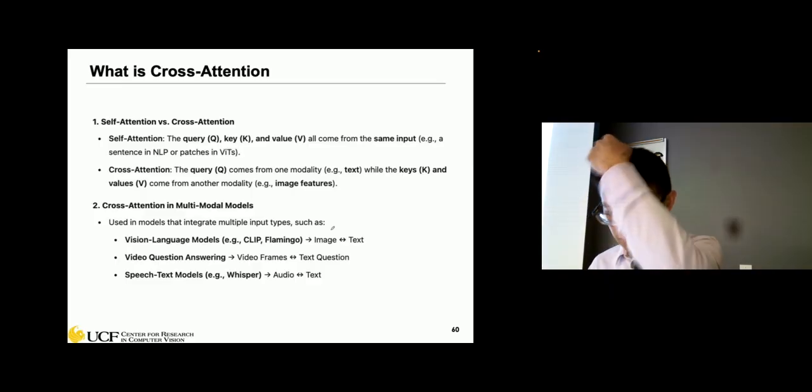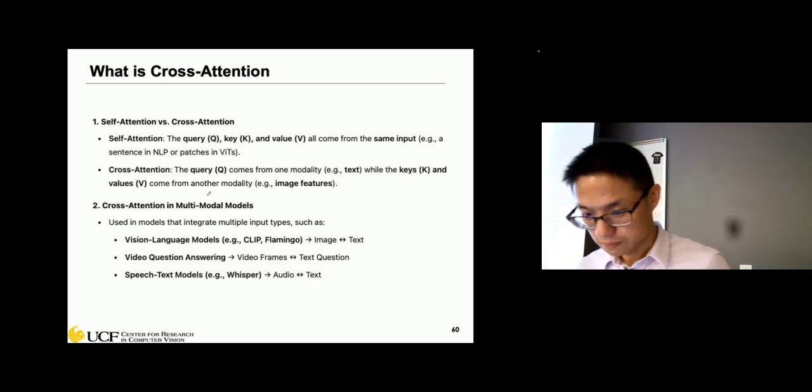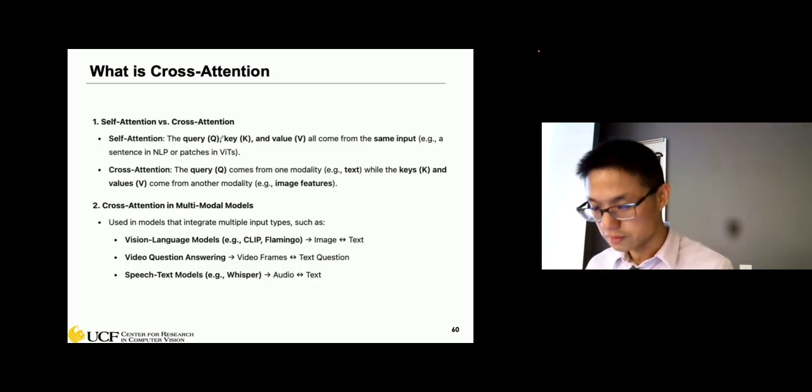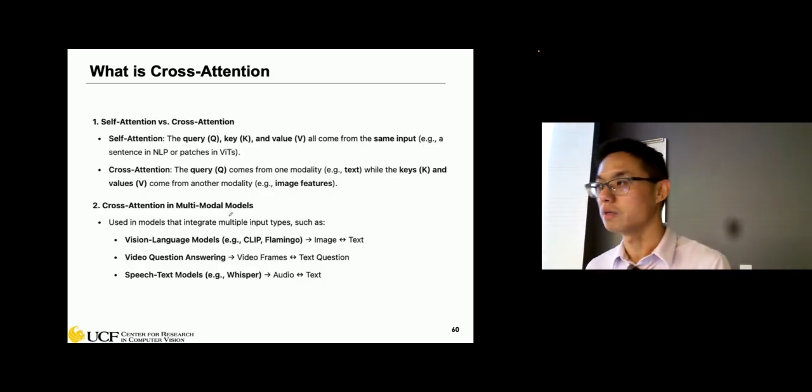Finally, you may also have heard of cross attention. If you're doing multimodal understanding, you may see papers talking about cross attention. Basically it's the same thing as self attention. In self attention, the QKV come from the same input, like text or image. But for cross attention, let's say you have a text input, but you also have an image input.